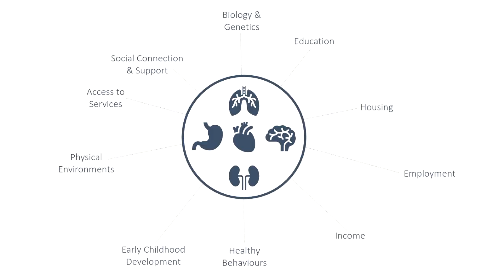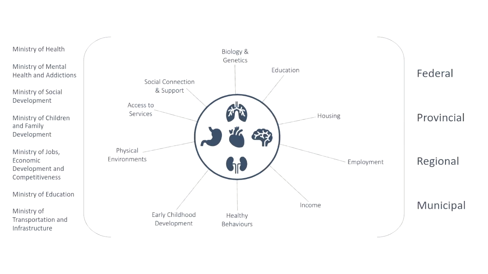Because we look at things through a health lens, we know that our health is determined by a number of factors. And we also know that these factors are influenced by sectors beyond the healthcare system, and that each level of government has a really important role in these factors. Therefore, in order to improve population health outcomes, we support sectors, and all levels of government, in incorporating a health lens into their decision-making process.